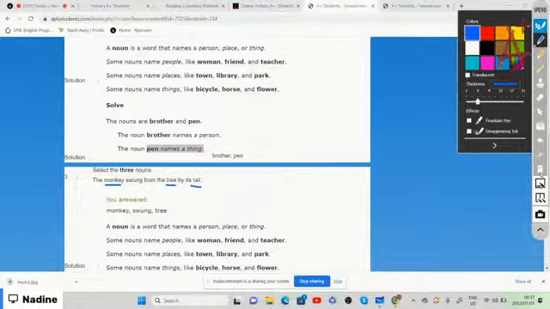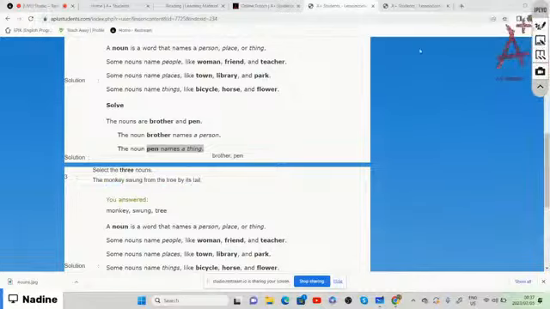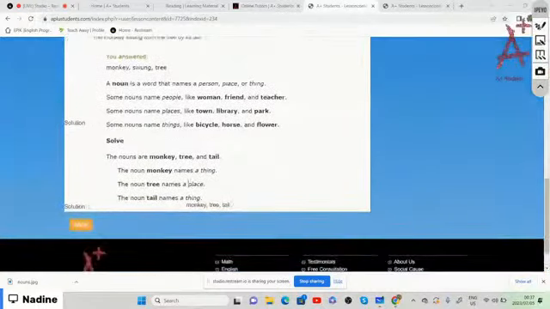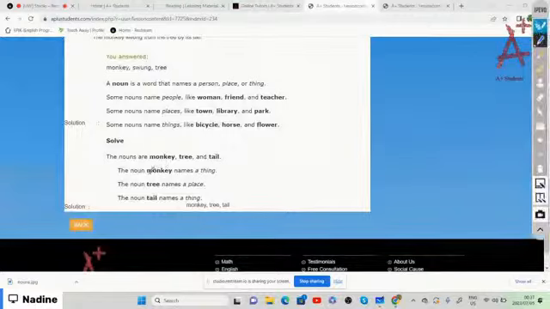So those are the three nouns that we have selected. So we have monkey, tree, and tail. So monkey names either a thing or animal. Tree is a place, right? So where, by the tree, and tail is a thing, right? That we can identify or select as a noun.